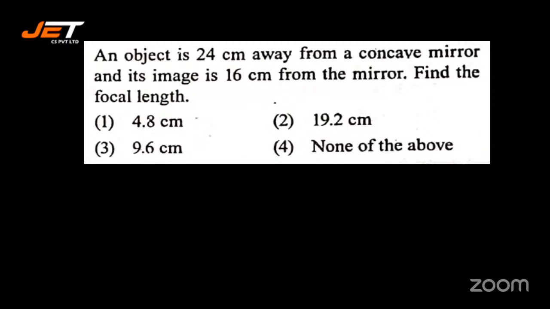An object is 24 centimeters away from a concave mirror and its image is 16 centimeters from the mirror. Find the focal length of the mirror. We use the mirror equation for this. Object distance ఇచ్చారు, image distance ఇచ్చారు. What is required is to find the focal length of the mirror.